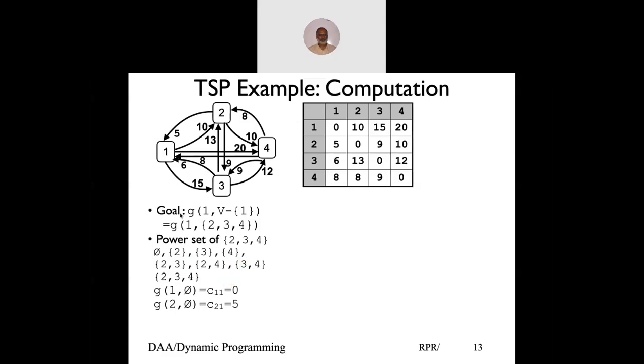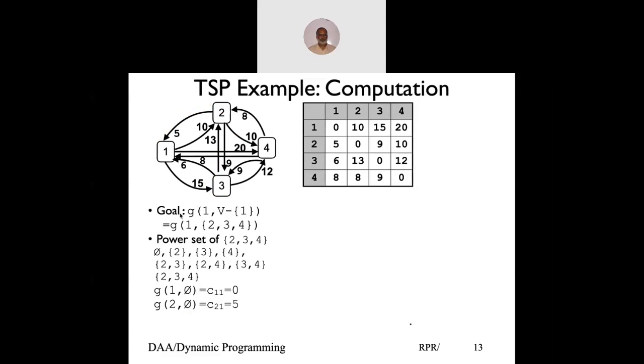Now from 2 go to the empty set, with no other vertices, and come back to 1. So G(2, empty) would be 5, because we are not going through any other vertices and then coming to 1. We're coming directly from 2 to 1, hence this cost is 5.